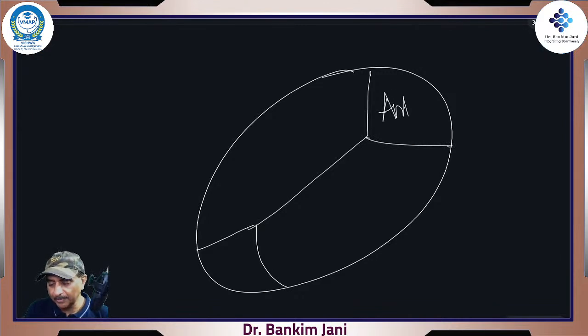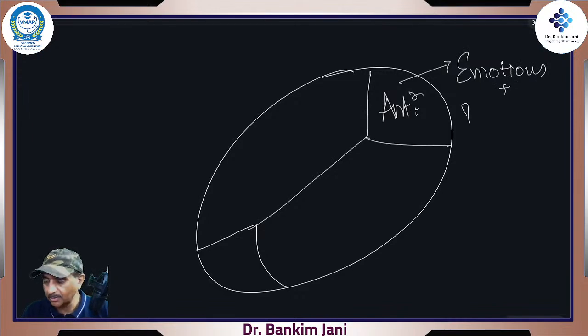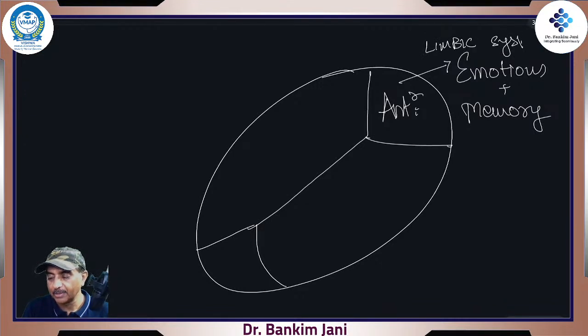So anterior, this will be connected to emotions and memory. That's the reason that in case anything goes wrong with the thalamus, the memory is affected, emotions are affected, the personality changes, right? So this is connected to the limbic system, which is related to emotions and memory, right?